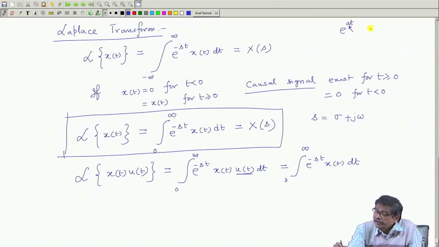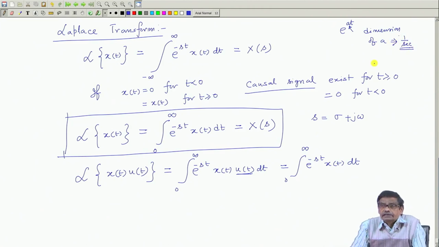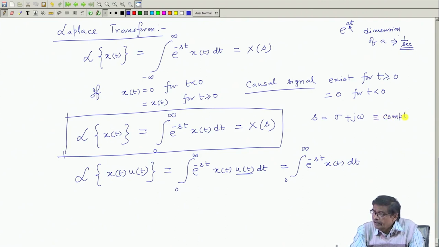Dimension of a is 1 by second, is not 1 by second sort of frequency. 1 by second is frequency. So, this s is called a complex frequency. And it is a complex number.